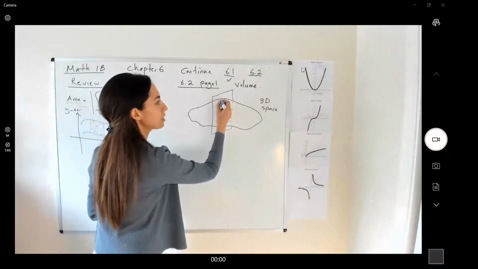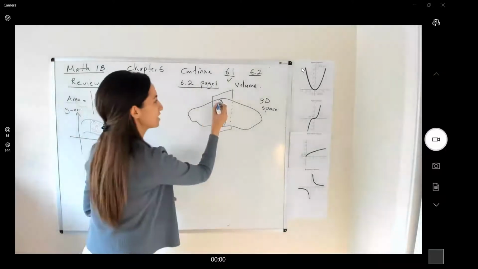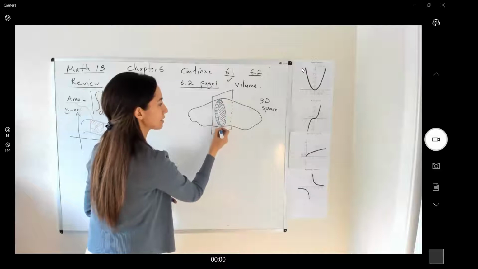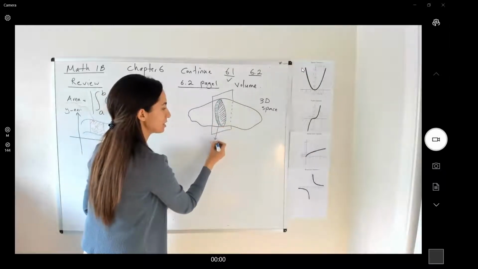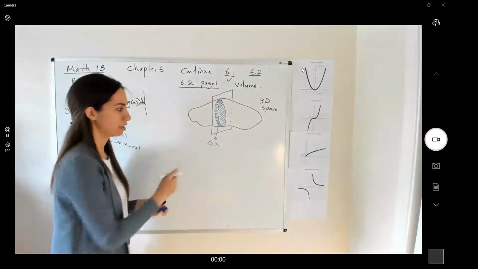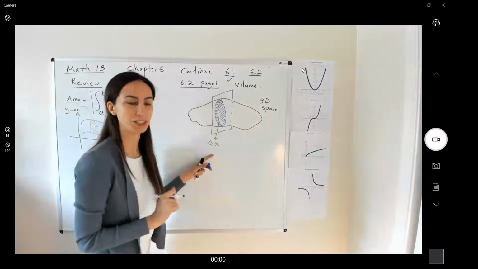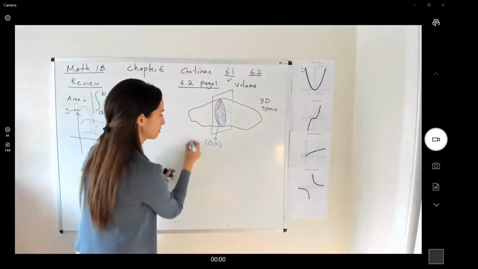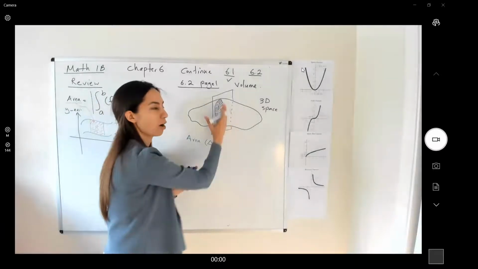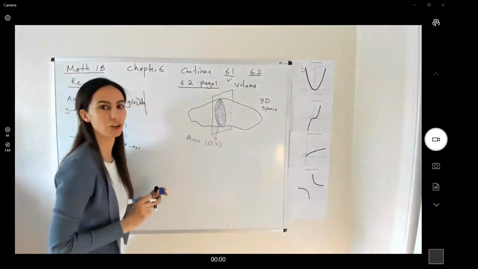If the thickness of this slice is denoted by delta x, so this is the thickness, which is delta x. If you take this thickness and multiply it by the area, you get the volume of this slice of this three-dimensional object.